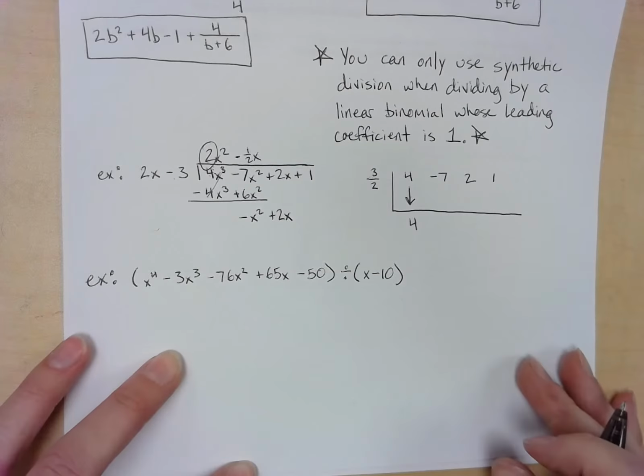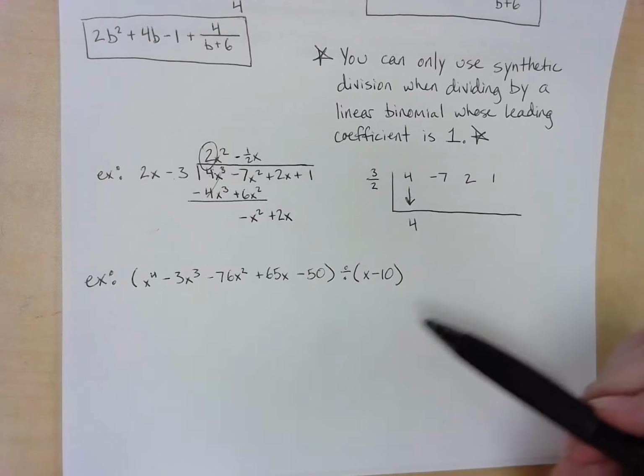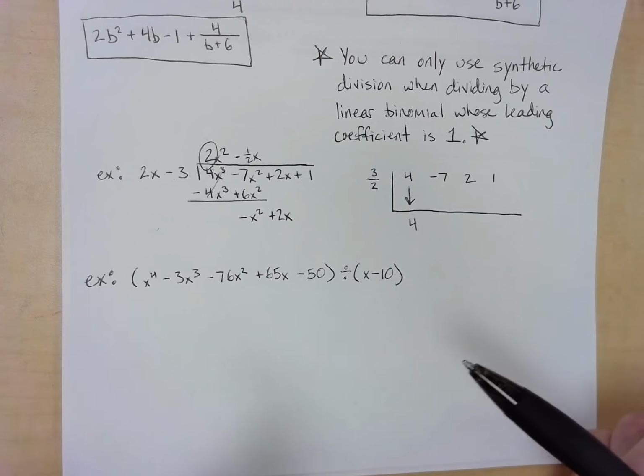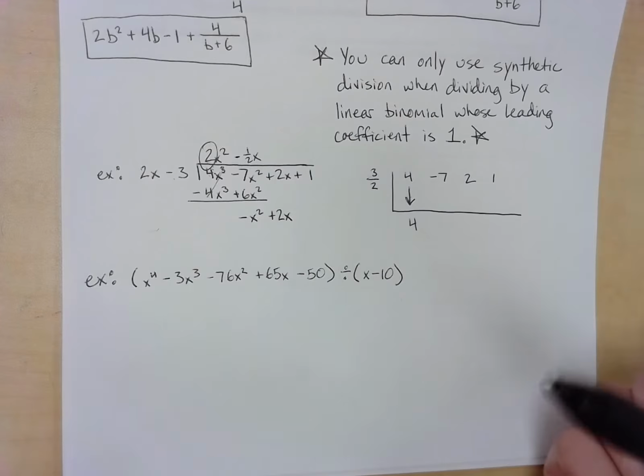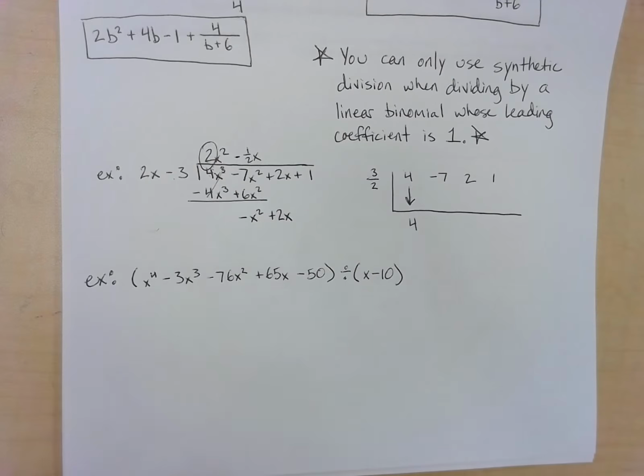Please pause the video right now, and see if you can set this up and do the synthetic division process based on what I just showed. If you're still confused, feel free to continue watching. Otherwise, I want you to pause and try it.